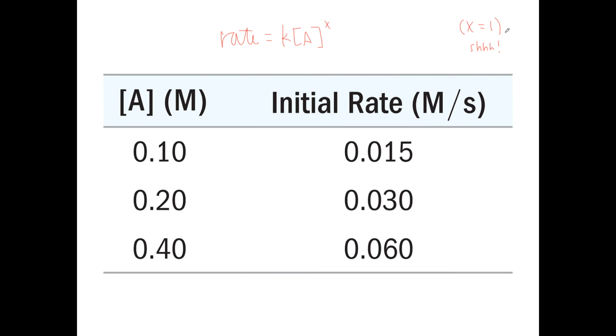We say, all right, well, here's the initial rate. We know that rate, in this case, is equal to, right, that's the rate. I know it because it says it here, right? That's the rate. And here's another rate. Agreed? And here's a concentration of A, which I'm going to put in brackets here, okay?